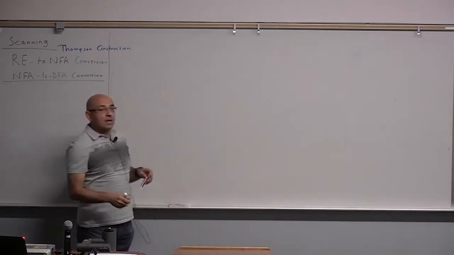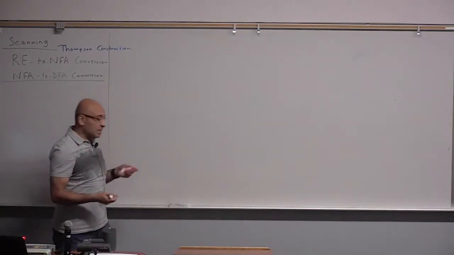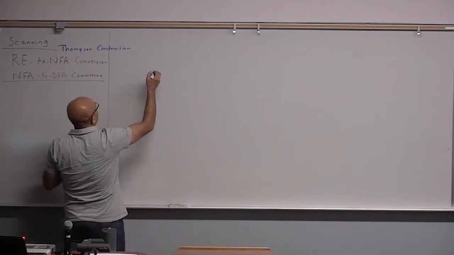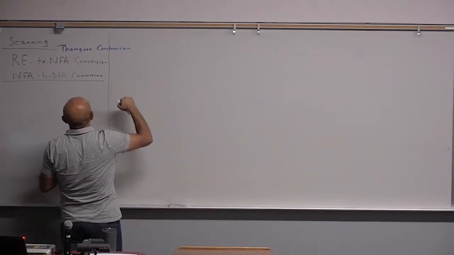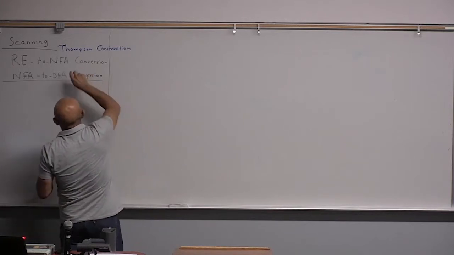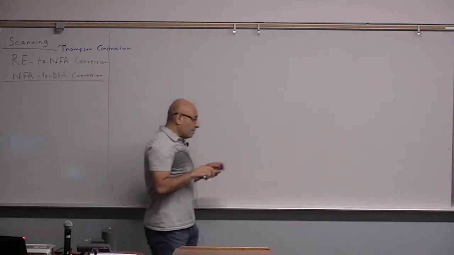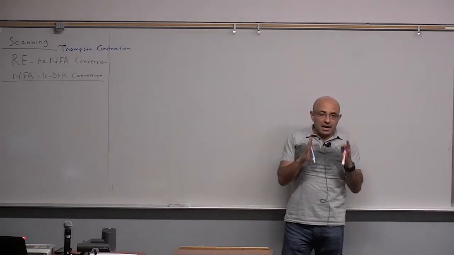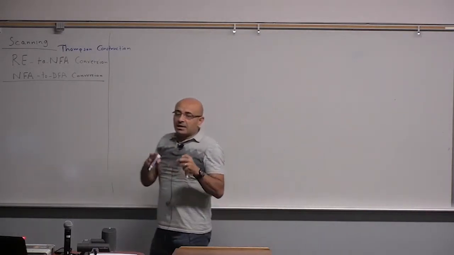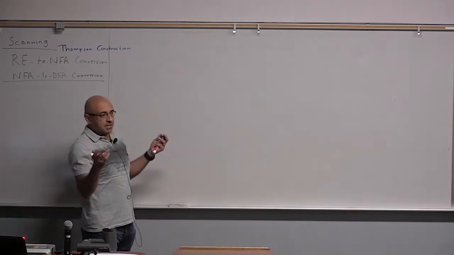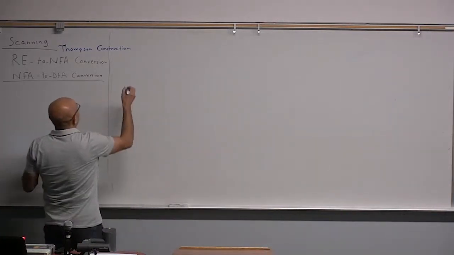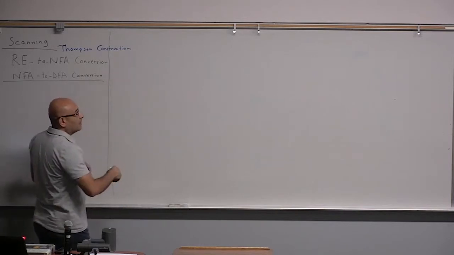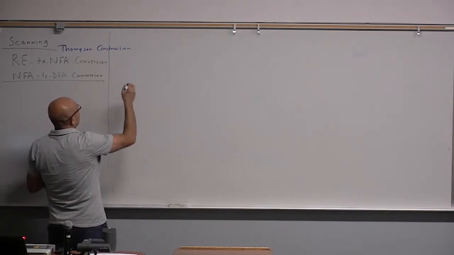Okay, so the idea here. Let's ask this question. Suppose that we have a regular expression. We know how to construct an NFA for a trivial regular expression. For example, if you have a regular expression that consists of a single letter in the alphabet.